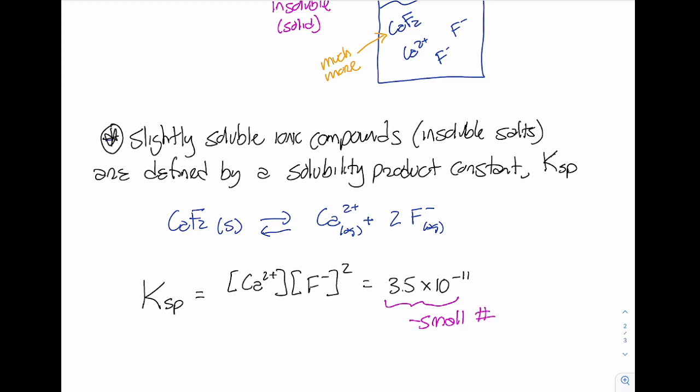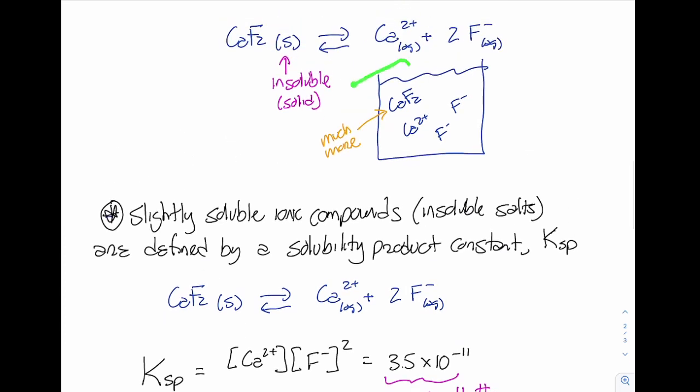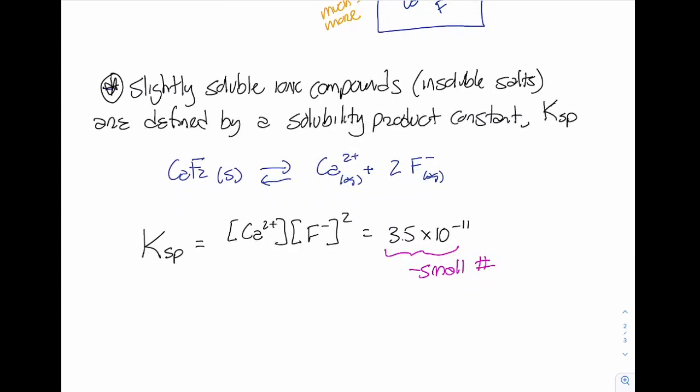Remember, we can tell the extent of our reaction based on the value for our equilibrium constant, right? Since this is a very small number, it tells me that these concentrations are very small. So I don't have much here, I have much more over here, right? This would be reactant favored. If we go back up and look at our beaker drawing, much more of this one. So it's a small number, right?